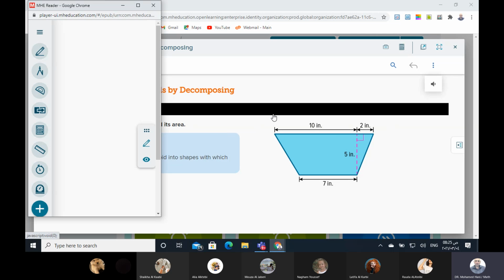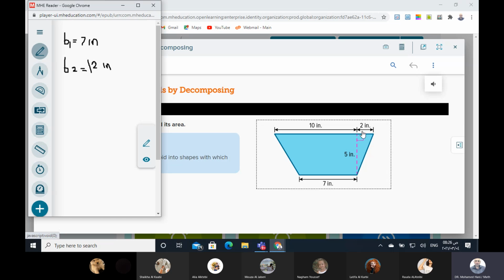I have the small base, b1 equals 7 inches, and I have the big base, 10 from here to here, and here we have 2. 10 plus 2 will be 12 inches.